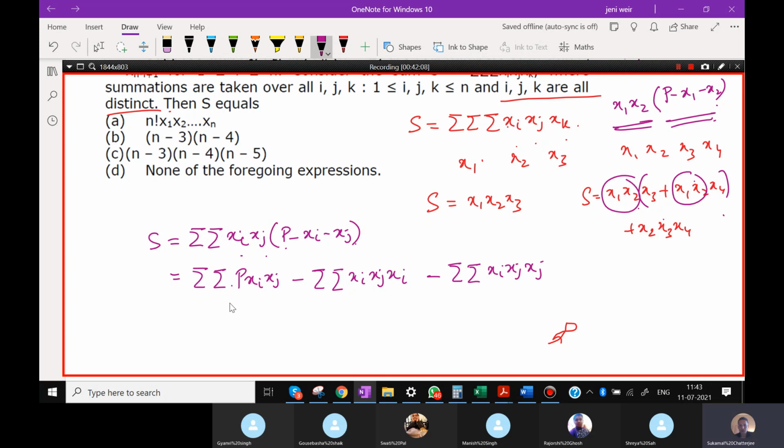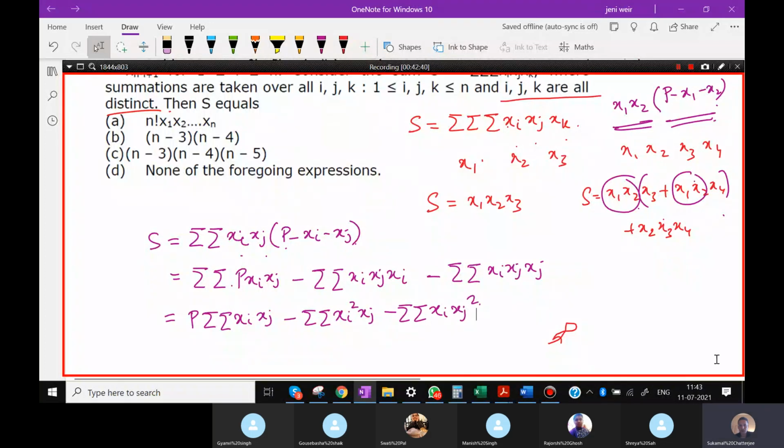So now p is a constant. It's the sum of all the numbers. Okay. So for given values of x1, x2, x3 up to xn, p will be a constant. So this would be equal to p into the sum of xi xj, minus the sum of xi square xj, minus the sum of xi xj square.